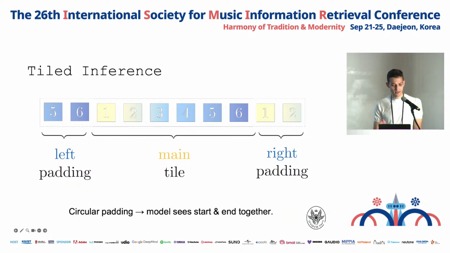We divide its context window into three parts, a main tile and these two extremes, and during inference we copy the contents of the main tile onto the two extremes, such that the model is able to see both the start and the end of the track together.